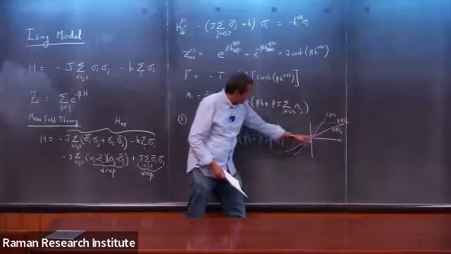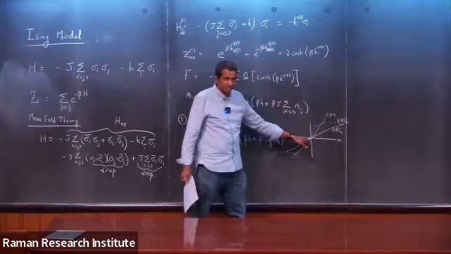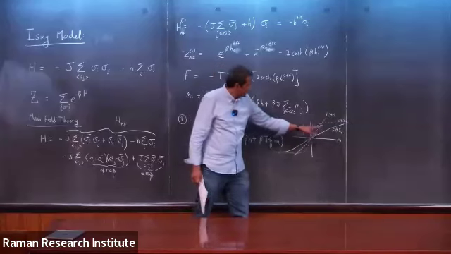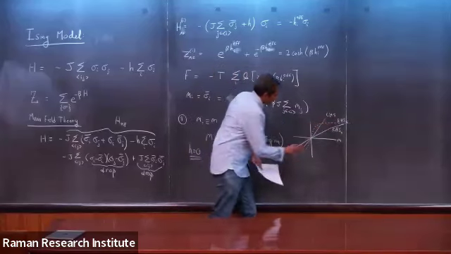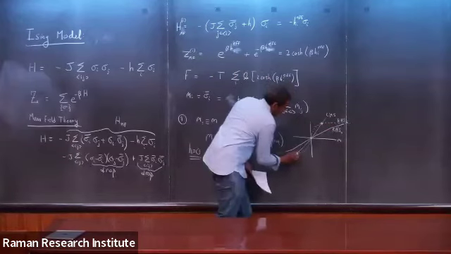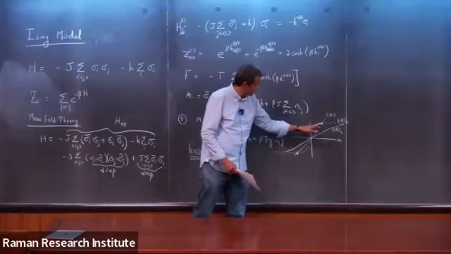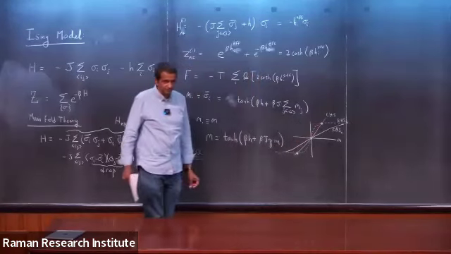And so at high temperature, if I want to equate the right-hand side and left-hand side, there's only one solution, which is M equal to 0. If I do this at low temperature, you find that there are new solutions which appear, which other than M equal to 0 correspond to two magnetizations at these crossing points.